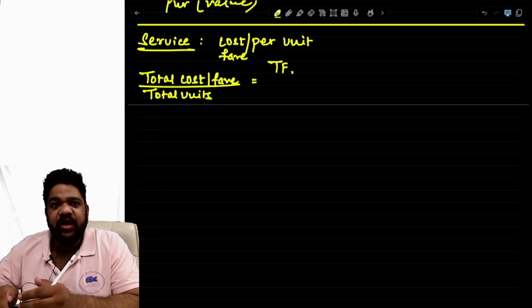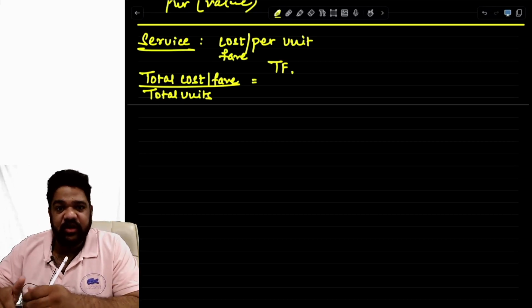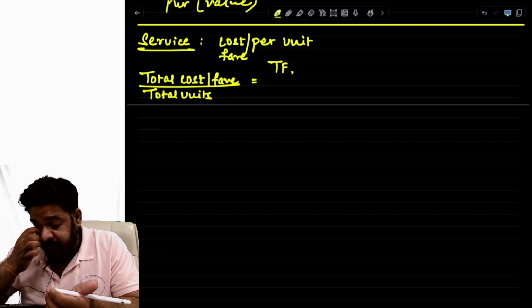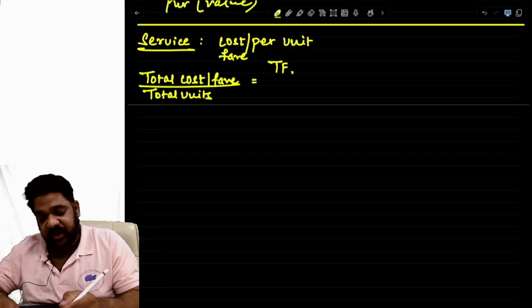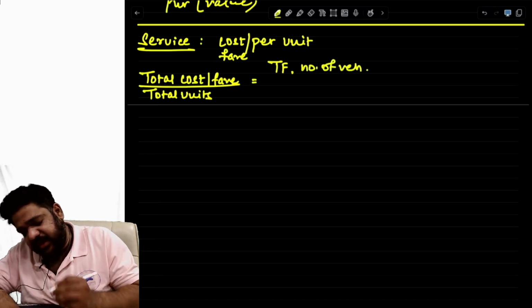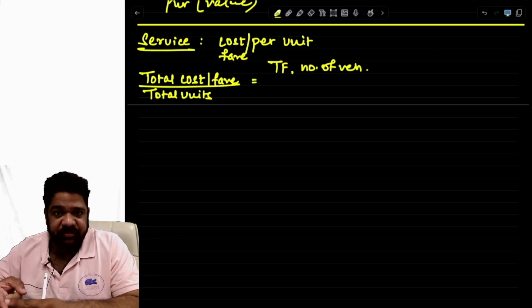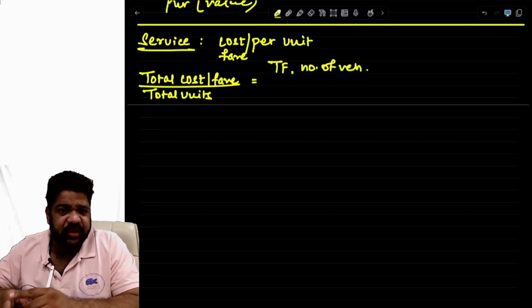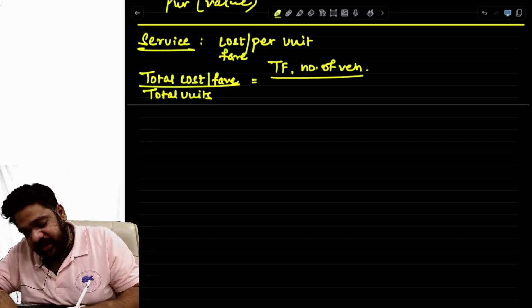So you'll have to know whether it is for one vehicle or 50 vehicles. So I am going to write number of vehicles particularly. So for what time frame and for how many vehicles? It could be for 1 year one vehicle, 1 year all the vehicles, 1 year three vehicles, something like that, and that you will divide by the composite unit.